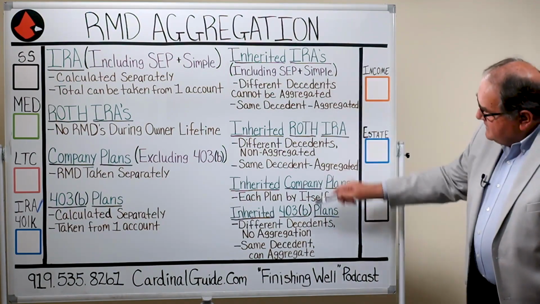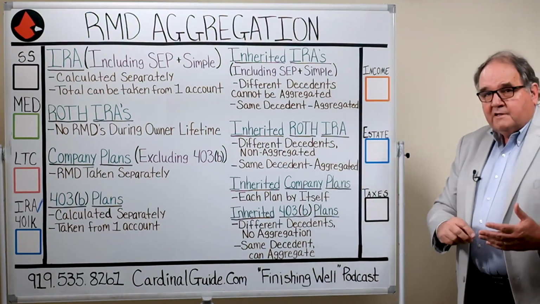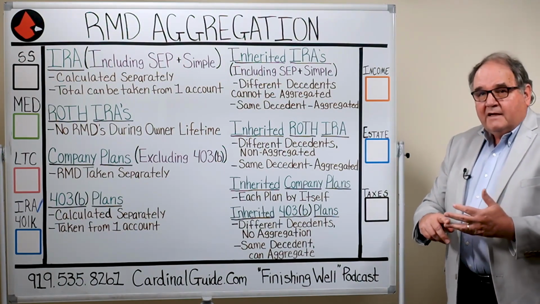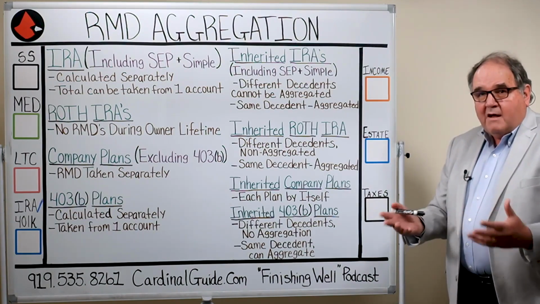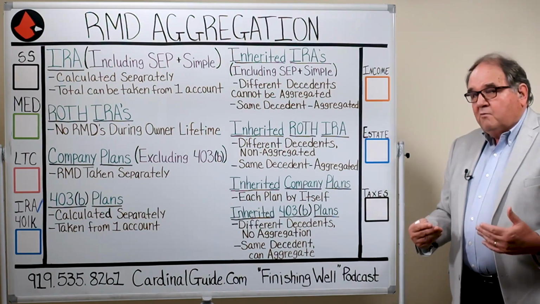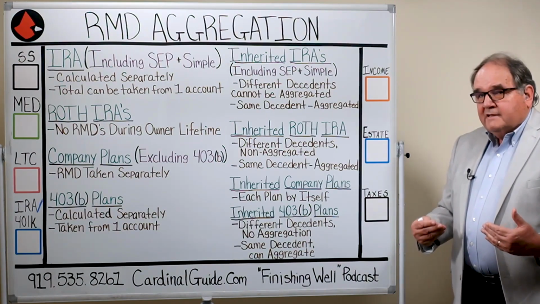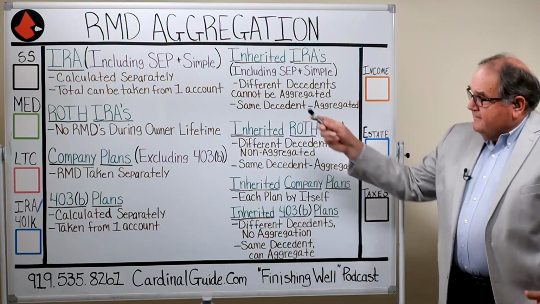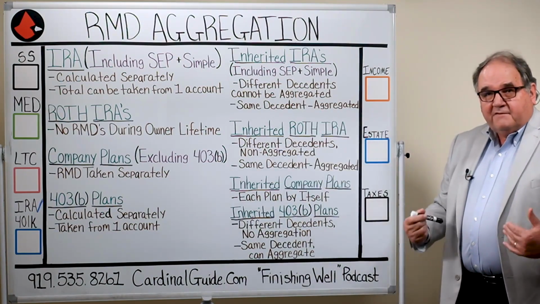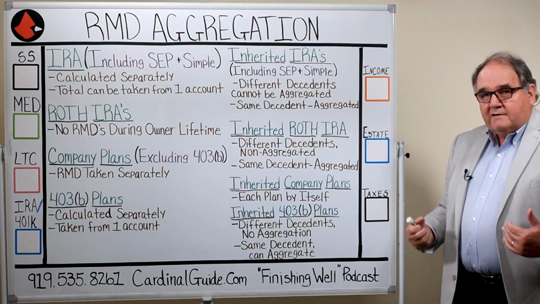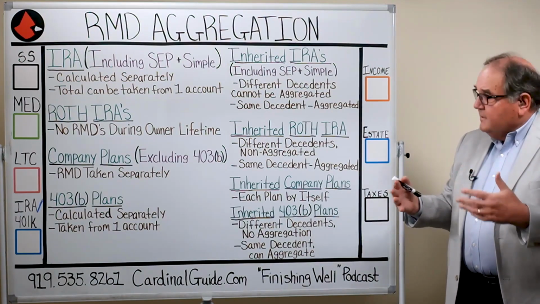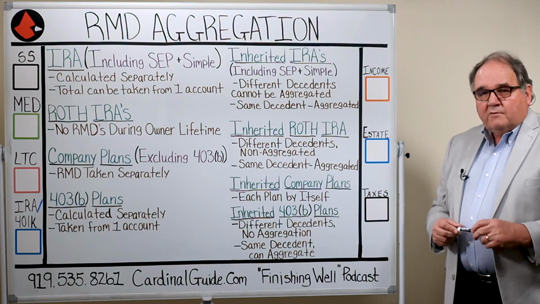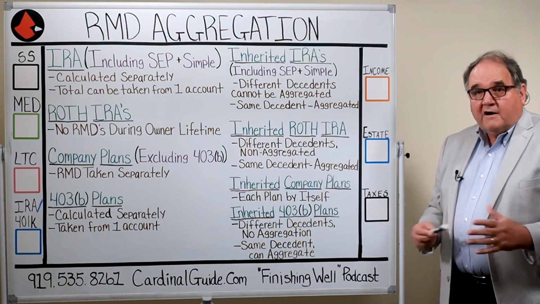So I want you looking at this side of the board first as a beneficiary of something that just happened or is going to happen soon, because this is a problem that's here right now. I also want you to look upon it as, if your children or your spouse are the beneficiaries on your existing stuff and you're coming to us, we can set things up for you so this isn't such a hassle when your kids are inheriting your money.